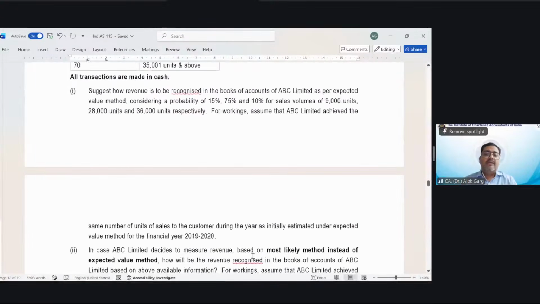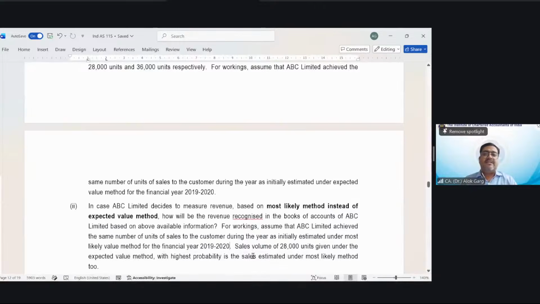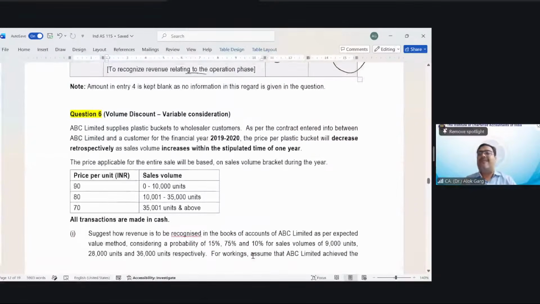Now, my dear friends, let's discuss the concept of variable consideration. Here I am discussing question number 6. This volume discount variable consideration I have written, it was not written earlier. Volume discount variable consideration is one of the game changers for FMCG.